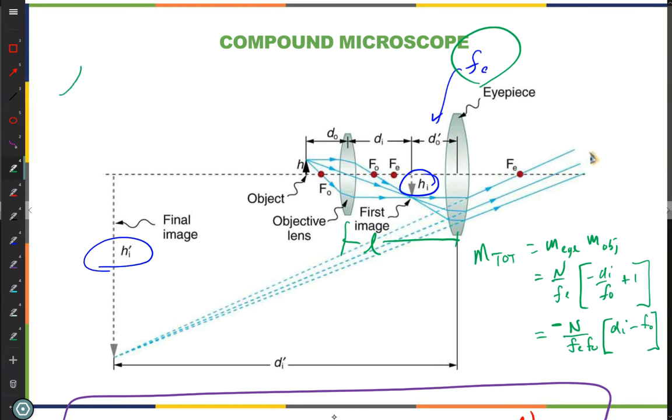So the length of my microscope is equal to distance image plus focal length of the eyepiece. Hence, distance image is equal to length minus focal length of the eyepiece. Substitute that in here, and I have the most common form of this equation. And I ran out of space. Makes me proud.